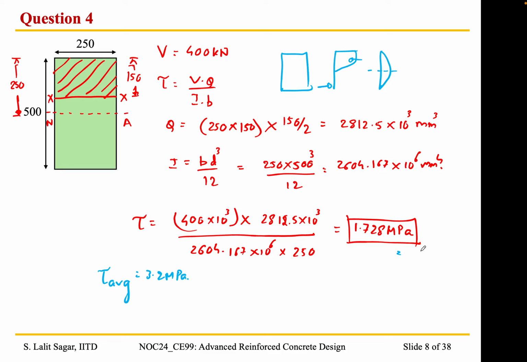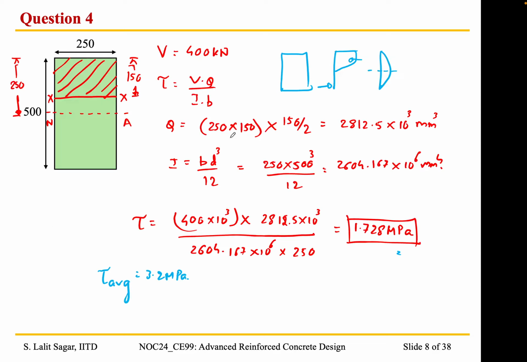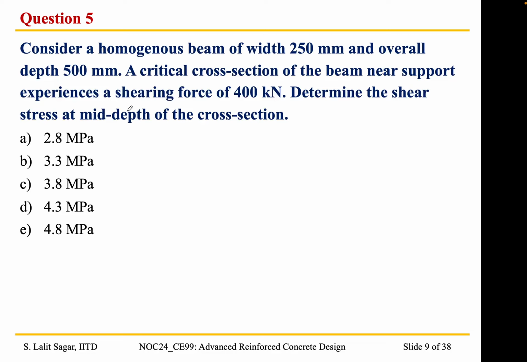Okay, so we'll move on to the next question. For the same beam that we considered in questions 3 and 4, what would be the shear stress at the mid depth of the cross section? One hint is that we need to consider XX at a depth of 250 mm, right in the middle of the cross section. Kindly take 30 seconds and let me know the answer.